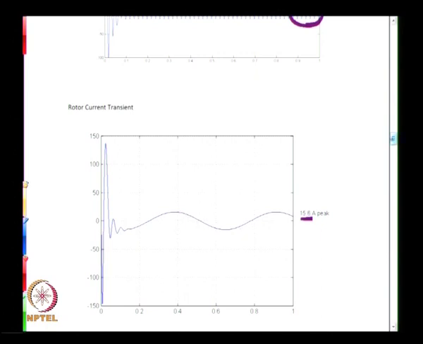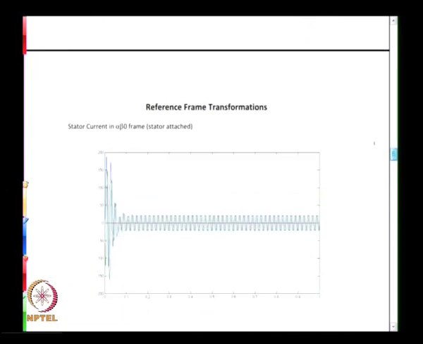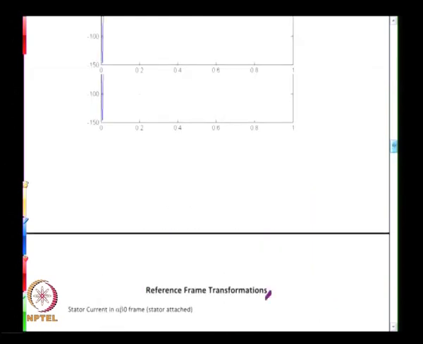And now one can look at what happens if you transform these variables to some other reference frame. This first plot gives us the stator current waveform, the 50 hertz waveform that we have seen here.